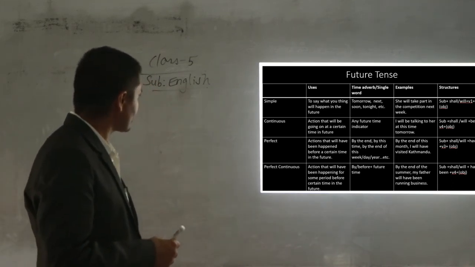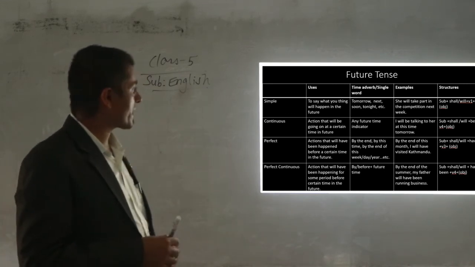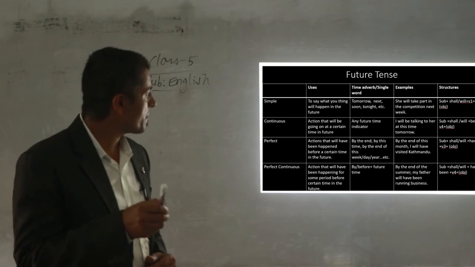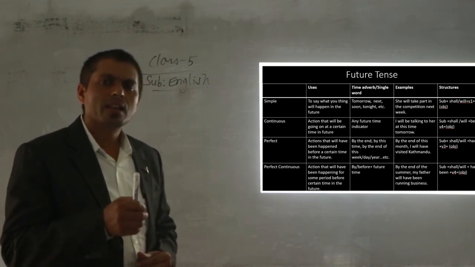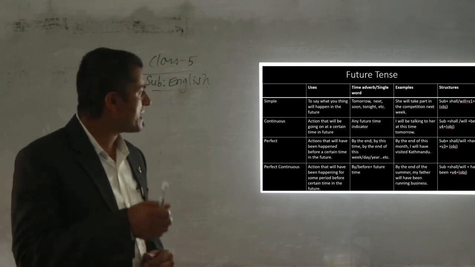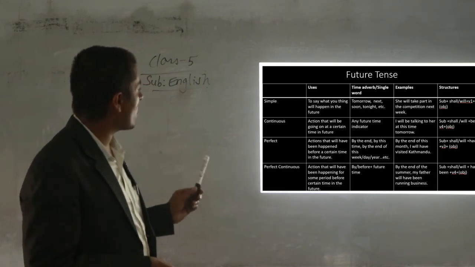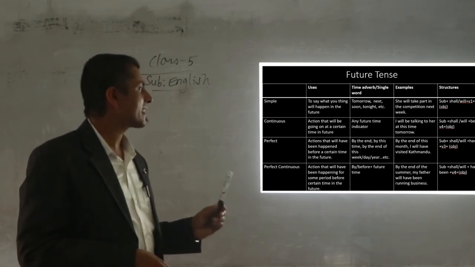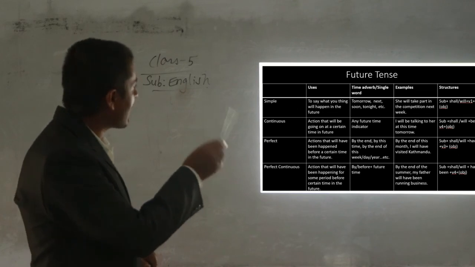Now number E. Manisha will visit Canada. Future perfect continuous. Remember the structure: subject plus shall or will plus have plus been plus verb plus object. Now apply this structure here. Manisha will have been visiting Canada.